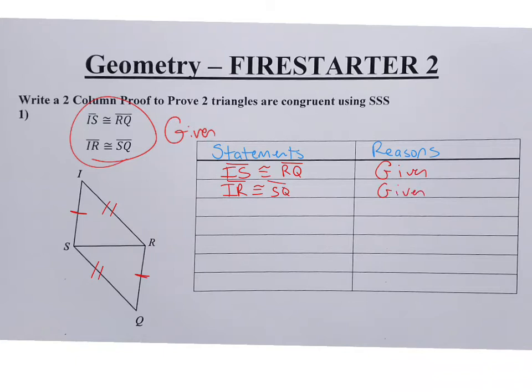Today's keyword is the law. Luckily, guys, I know that, because I told you ahead of time that we are going to be using side, side, side. I'm not always going to tell you what method we're going to use, but when we were first learning this, kind of like training wheels, I'm going to tell you.